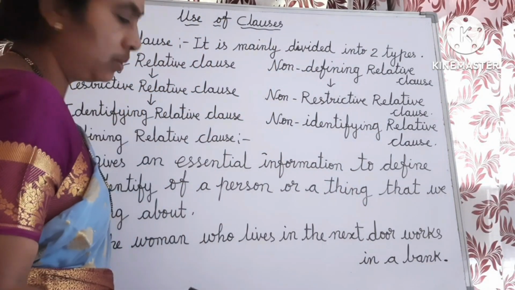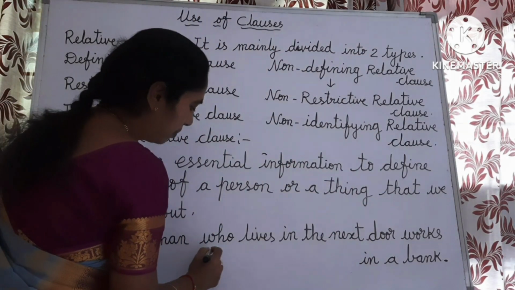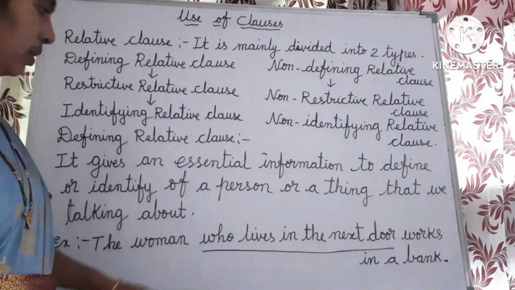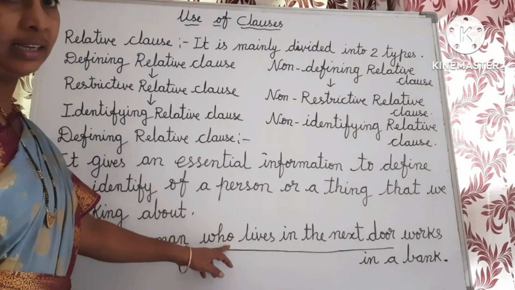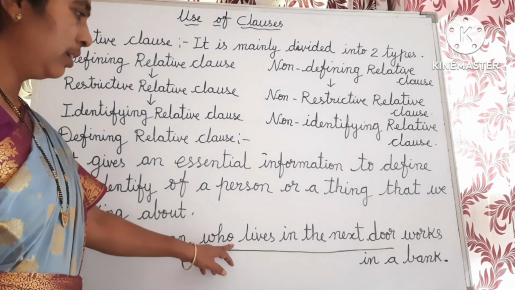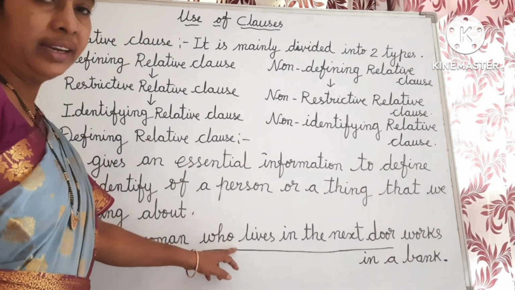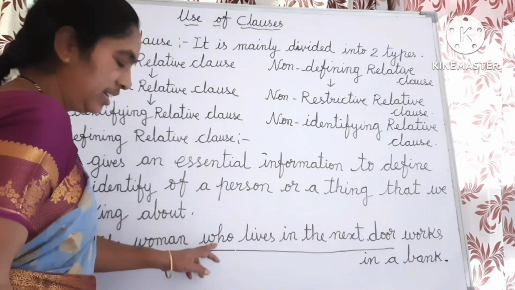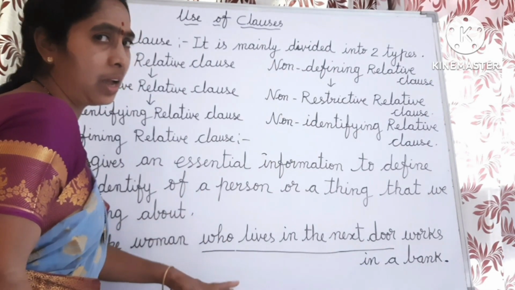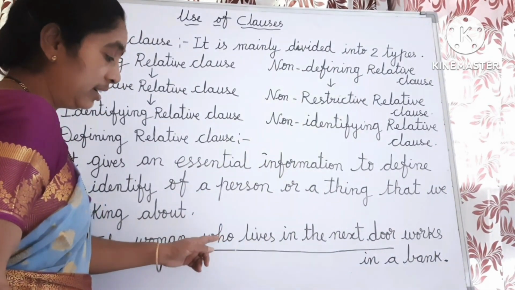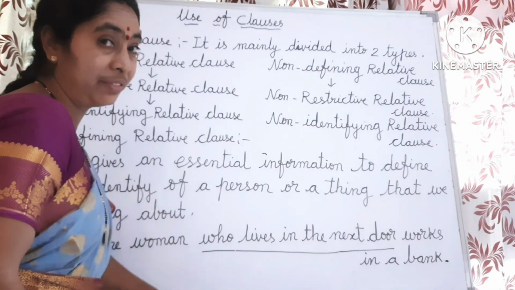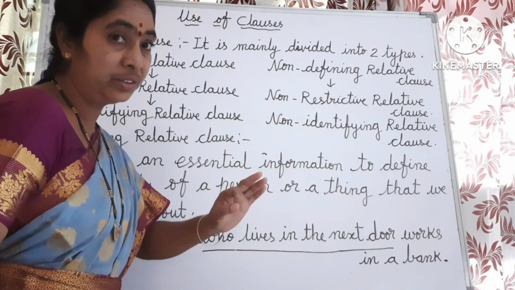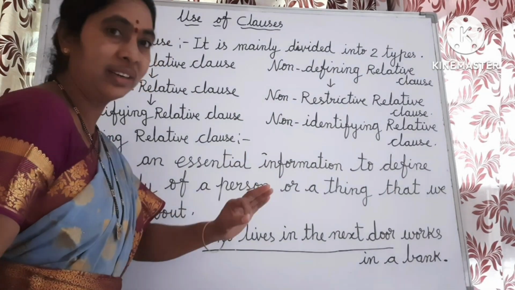He will ask you a question like this: what type of clause is the underlined part? Who lives in the next door? What type of clause is it? For finding the correct option, you have to think. It starts with a relative pronoun, so it is a relative clause. But how do we identify whether it is defining or non-defining? It is very easy to know the difference.